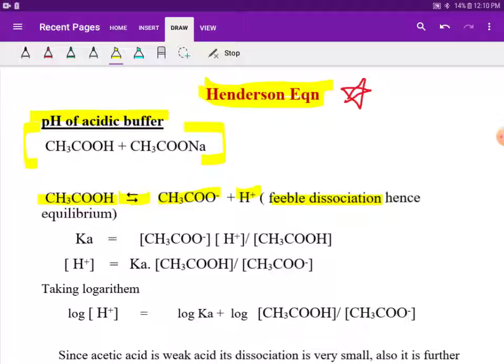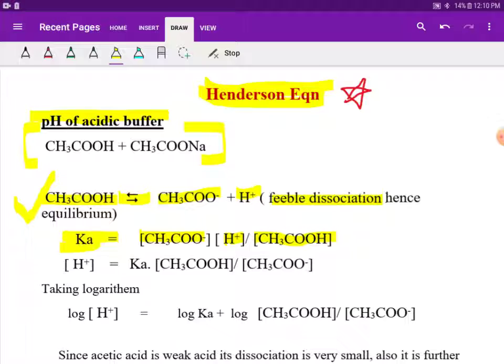Let us consider the equilibrium of acetic acid. That is very important. When we apply the law of mass action, as in the case of Ostwald dilution law, the dissociation constant Ka of acetic acid is equal to the concentration of acetate ion times the concentration of H plus, divided by the concentration of acetic acid.